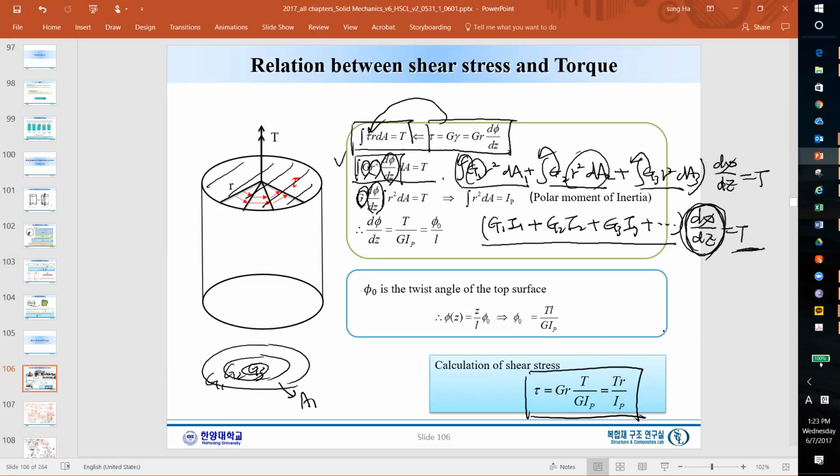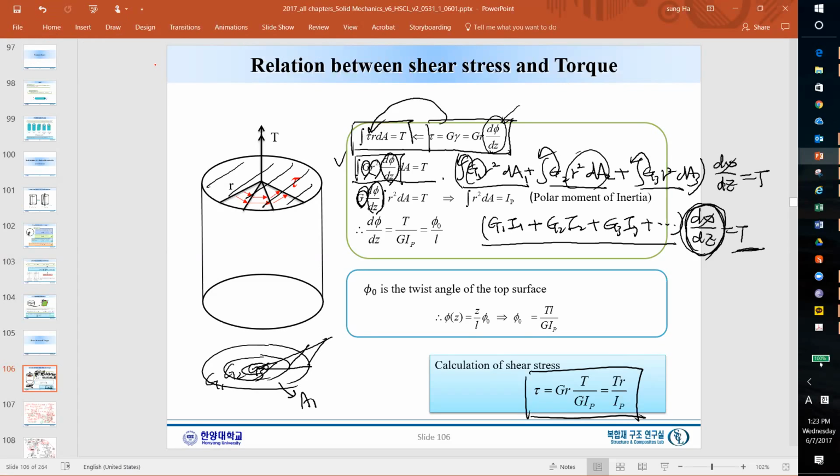Once we have this term, we can always go back to tau and put this term here. So we can have different shear stress here, here, and here.